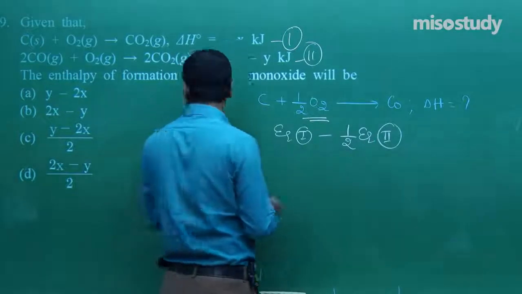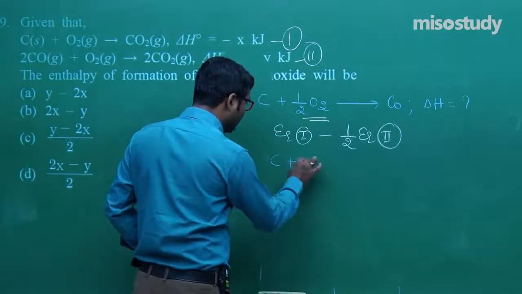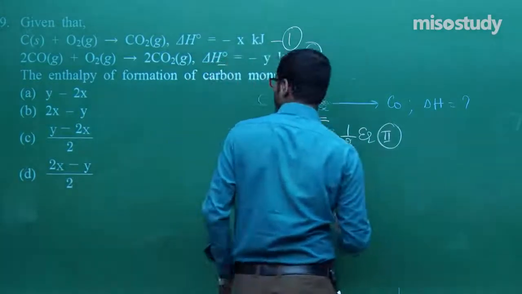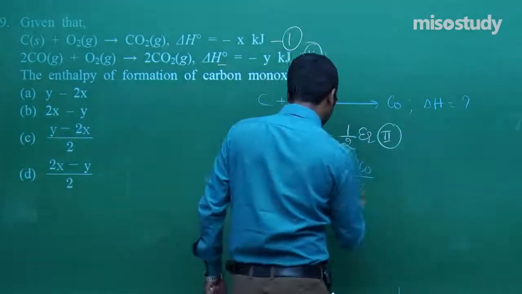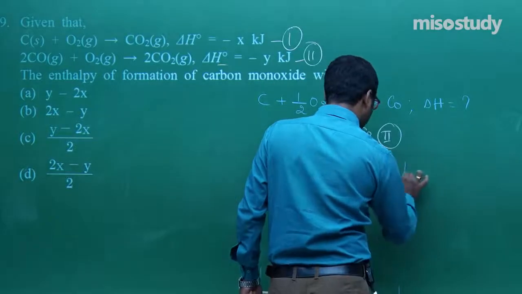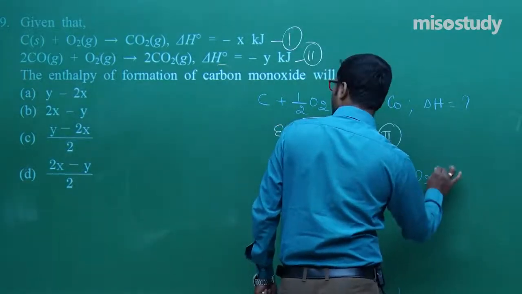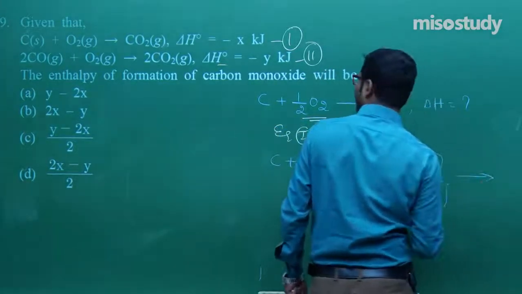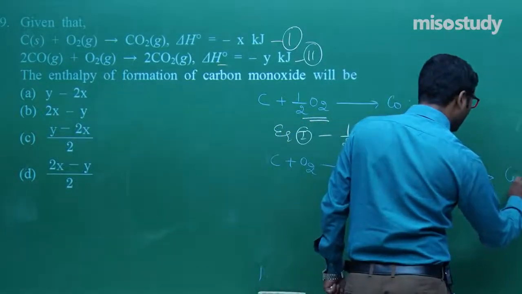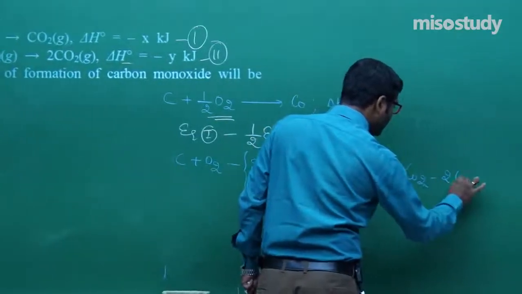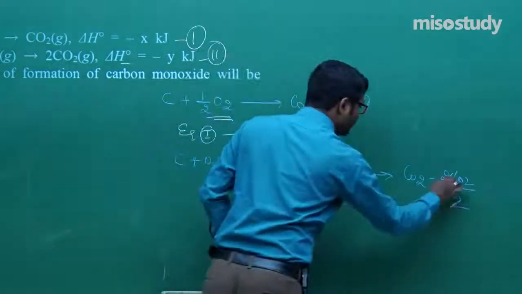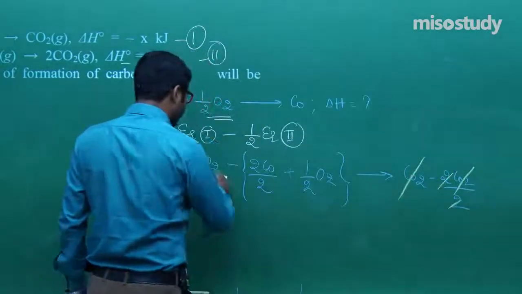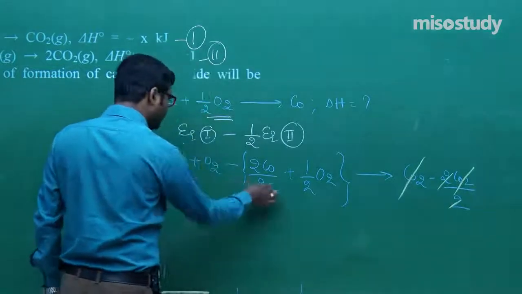Equation 1 is C plus O2 minus, equation 2 is 2CO divided by 2, plus 1 by 2 O2. Clear to you? Now on the right hand side, CO2 minus 2CO2 divided by 2. Now this will cancel this one and this will cancel this one. Now what will happen? Check it out.